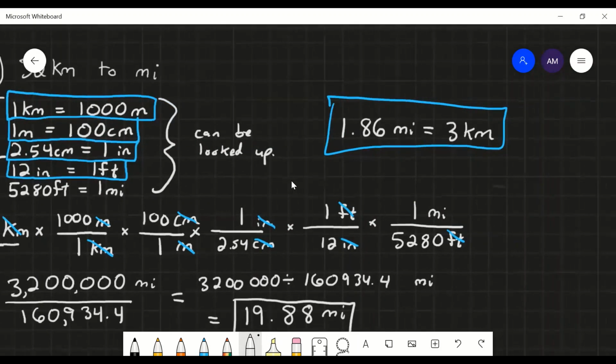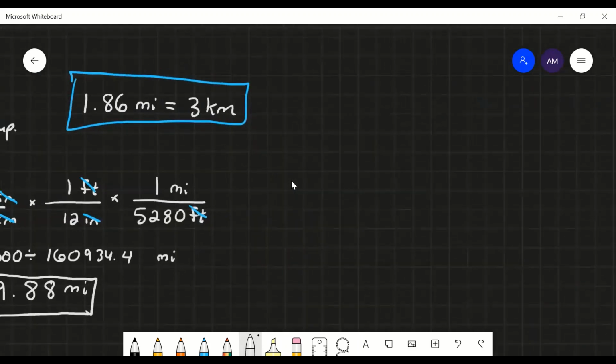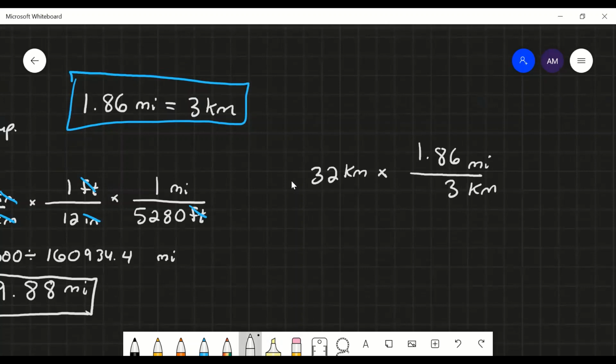So 32 kilometers times miles over kilometers, 3 kilometers and 1.86 miles.